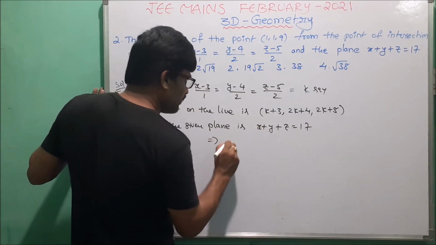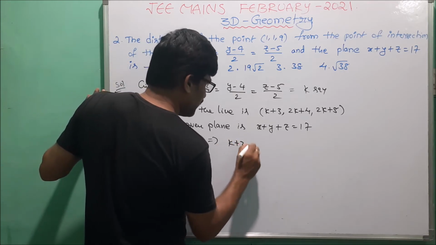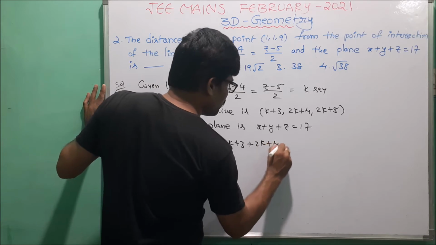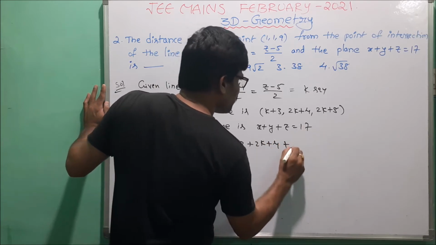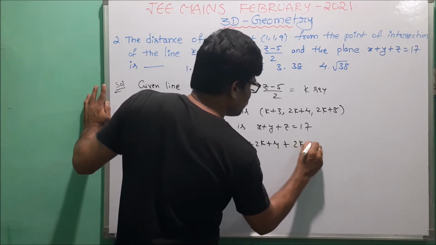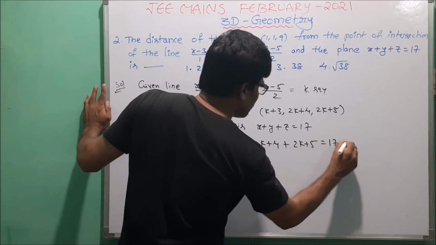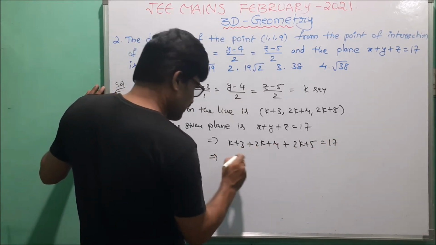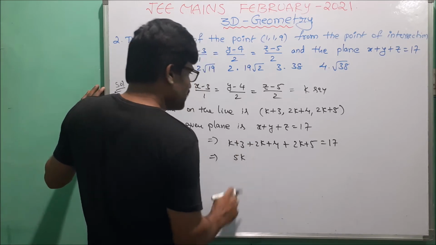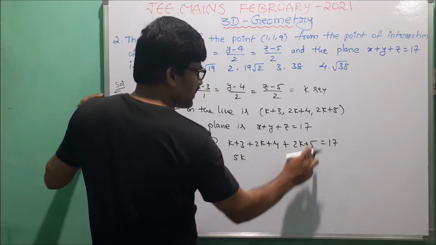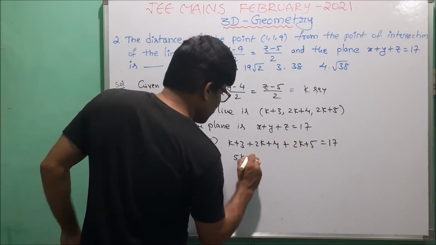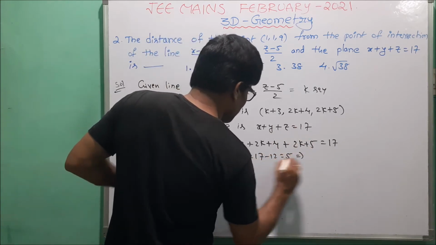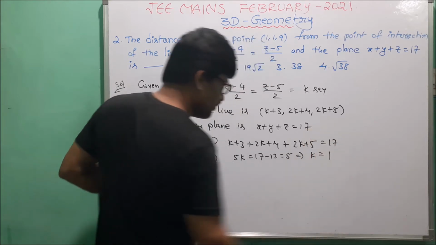Then we take k plus 3 plus y, that is 2k plus 4, plus z, that is 2k plus 5, equal to 17. That means k plus 2k plus 2k, that is 5k. Now 3 plus 4 is 7, 7 plus 5 is 12. So 17 minus 12 is 5. Now from this, the value of k is 1.